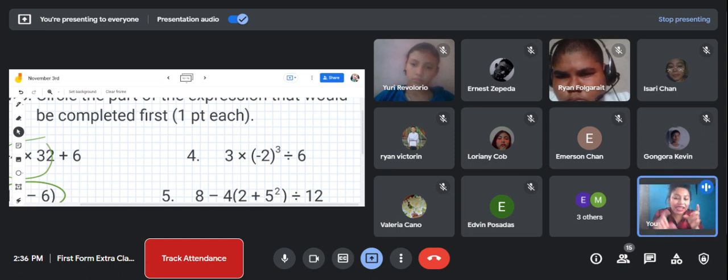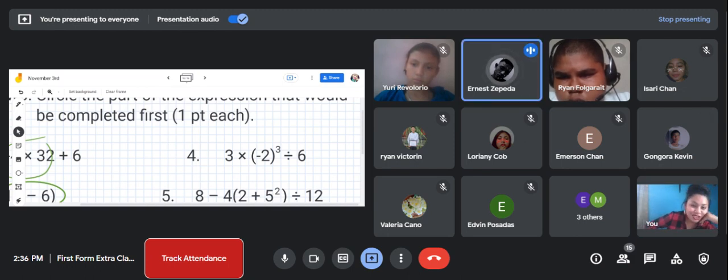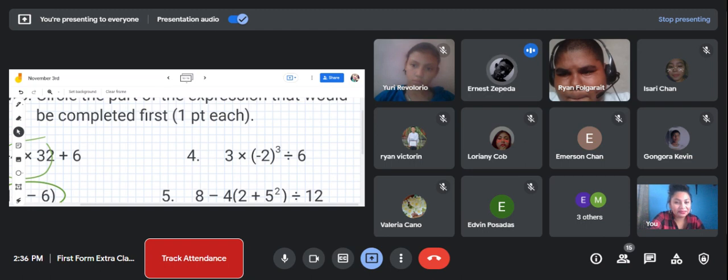Am I only gonna be circling the parentheses, or am I going to be circling everything with the power? Only the parenthesis, miss. You sure? With the power, miss. With the power? Yes, miss. Because you need to search, miss, what's your answer: negative 2 to the third power.